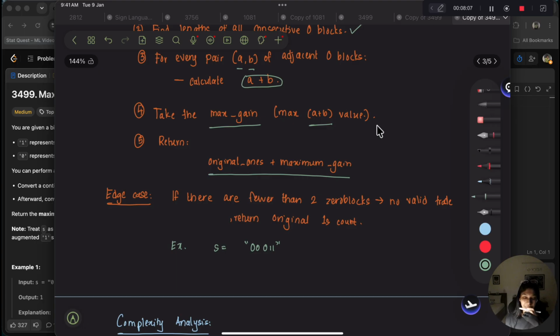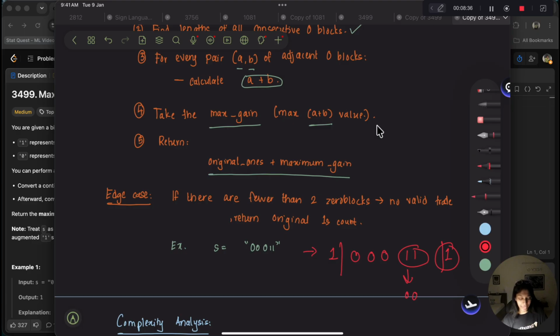Now, there could be an edge case, right? There could be a case where there are no two groups of zeros. Let's look at this example here. Even if we consider there is a 1 to this side and a 1 to this side, and we have 0, 0, 0, 1, 1, these ones can never be converted to 0 because they have to be surrounded by zeros.